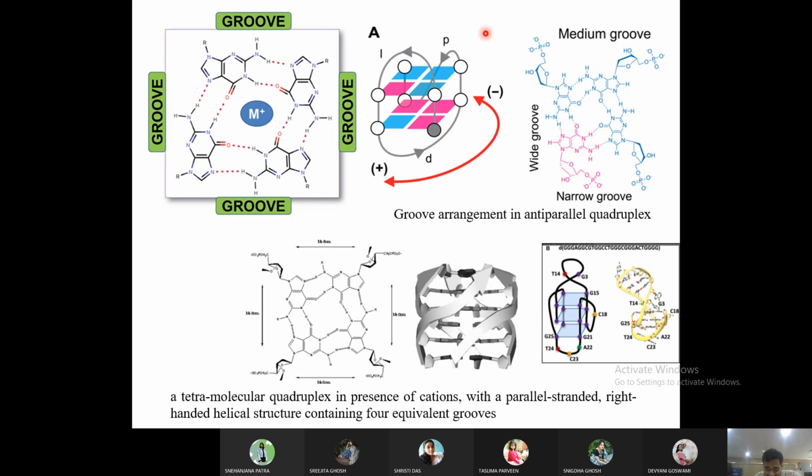Again, this is the cross section of the quadruplex, going like this, penetrating the computer screen. You take a cross section at one of these G-quartet planes and you see how the grooves are located. In anti-parallel there are three types of grooves. In parallel there is only one type of groove, and those grooves are equivalent in nature.